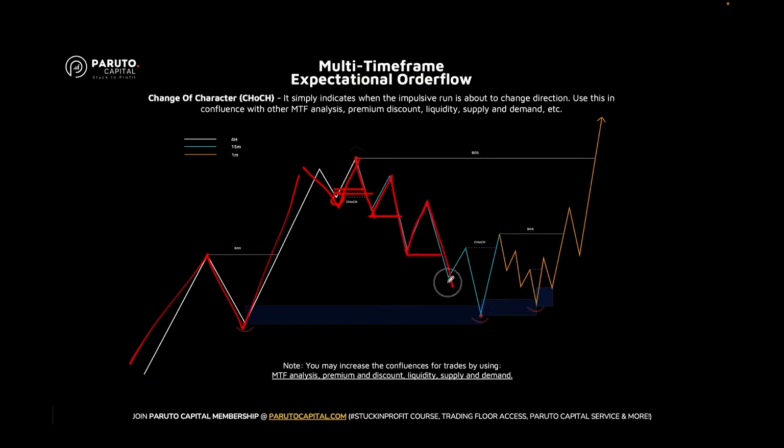You'll have here a break of structure, and then that continues. But we know that this is a protected zone. And why is it a protected zone? Because price came back down here, and then from here it broke structure, right? So we know that this is a protected zone, so we expect price to come back to that zone, respect it, and then continue going up.